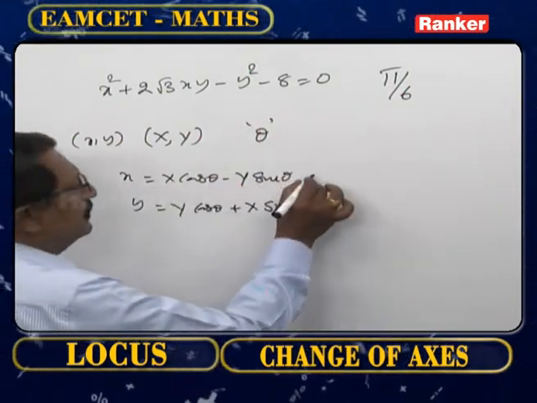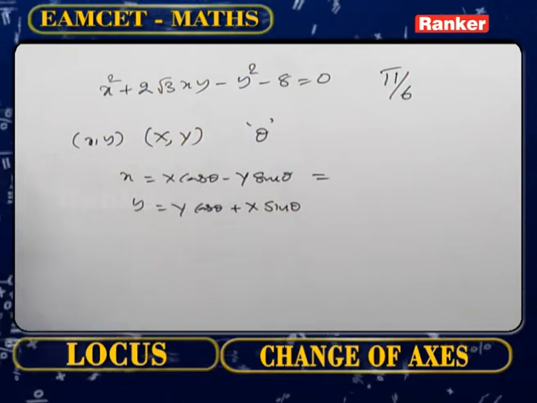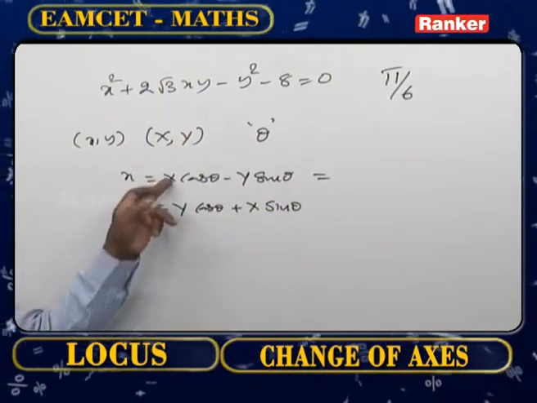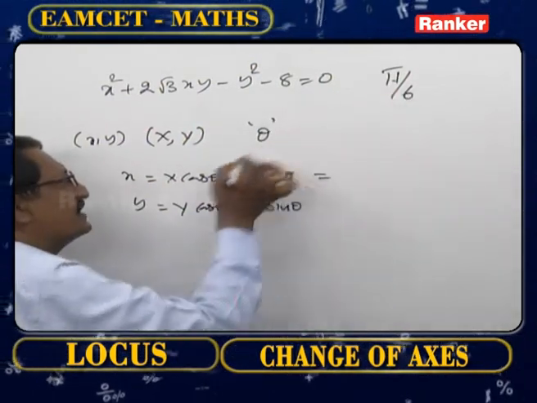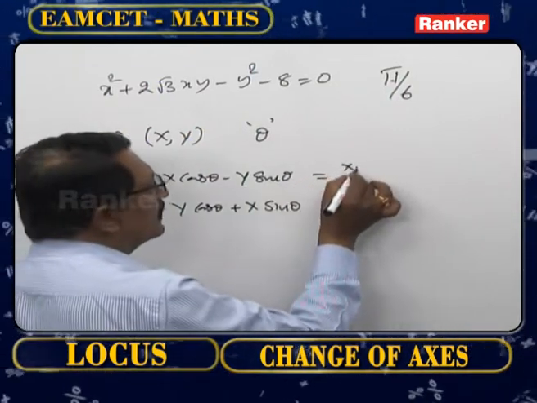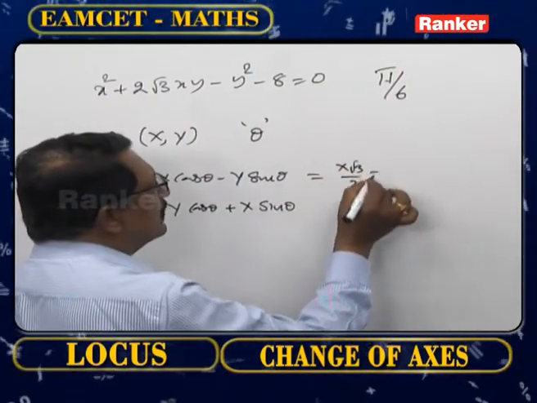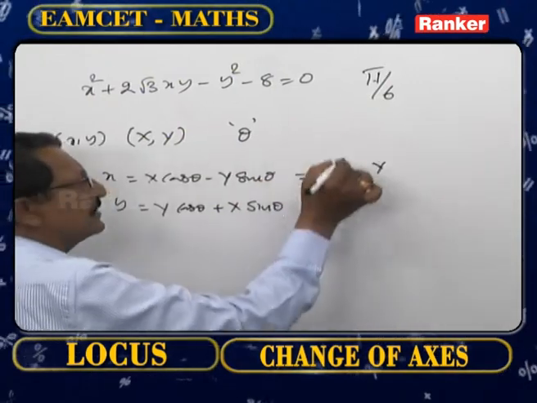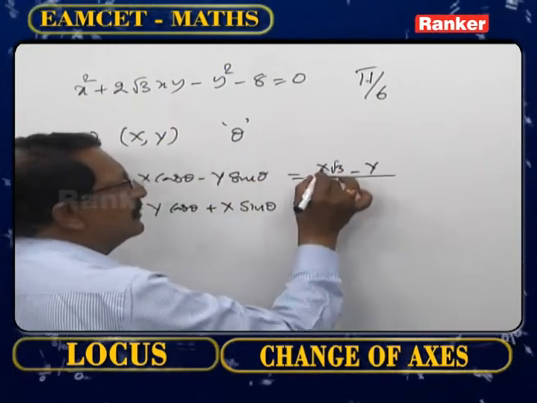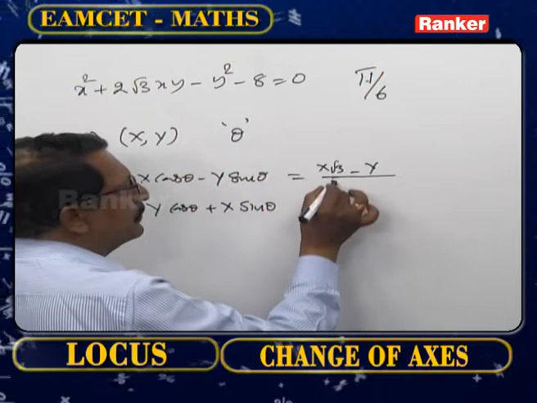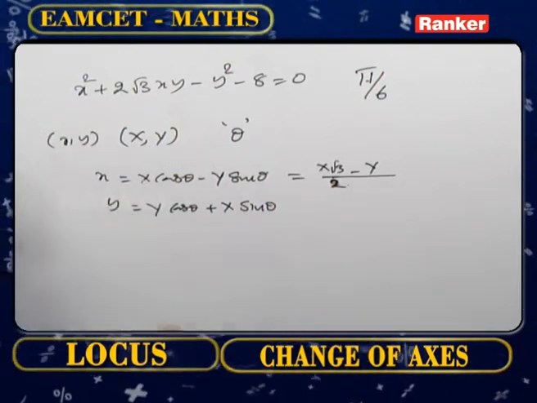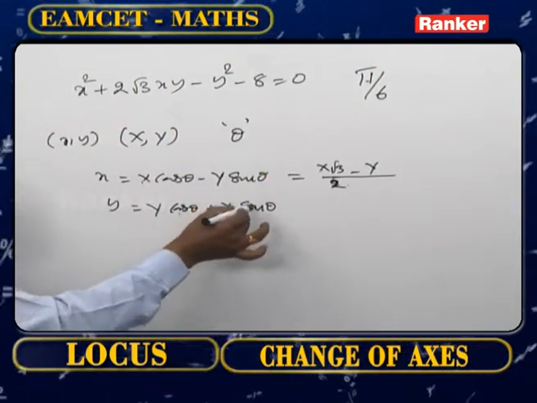Now we get the value of small x in terms of capital X and capital Y. Cos pi by 6 is root 3 by 2, so x equals X into root 3 by 2 minus Y into sin 30, which is 1 by 2, or x equals (X root 3 minus Y) by 2.